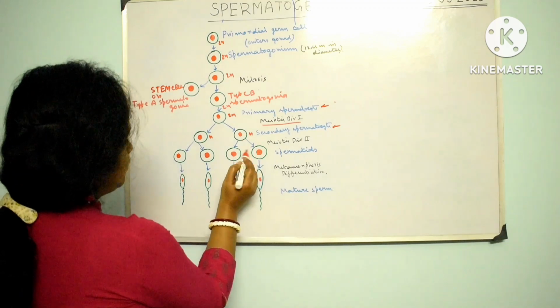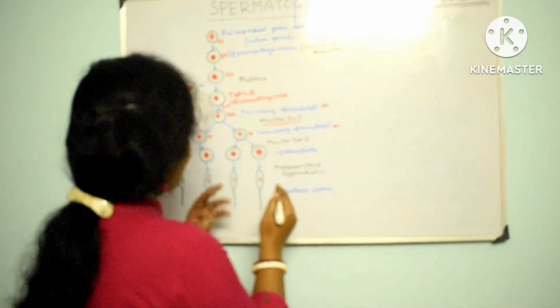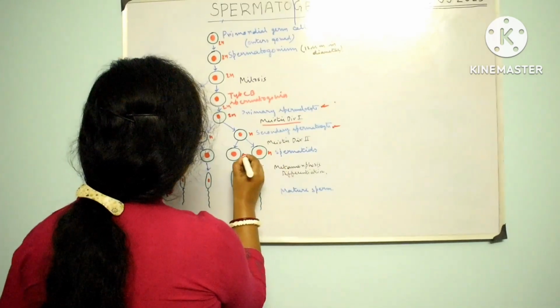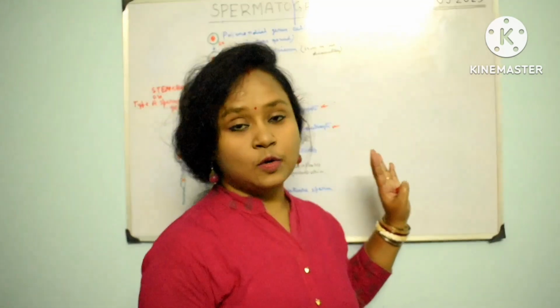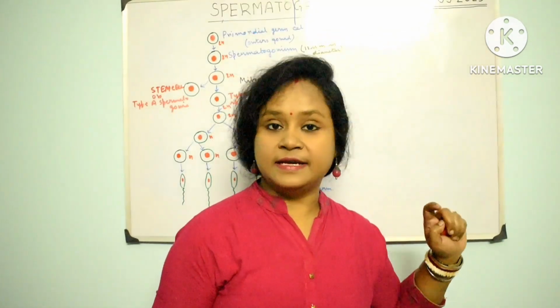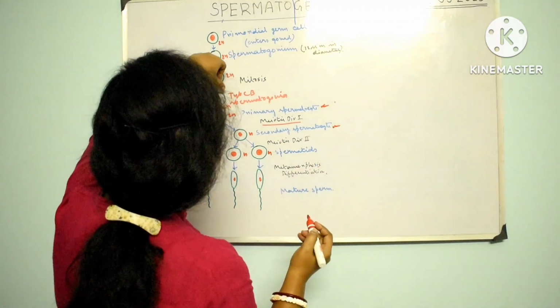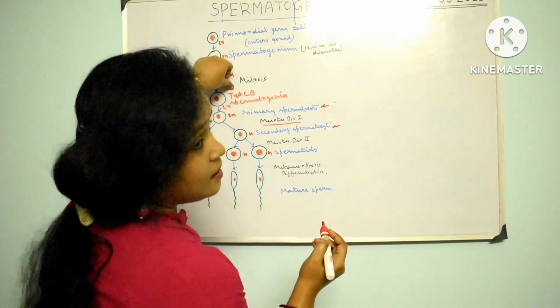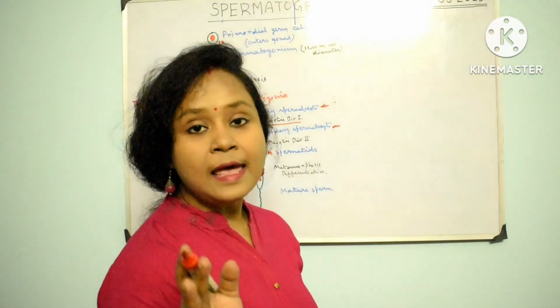The single cell produces 2 daughter cells, now known as spermatids. Here also it is n, and the total chromosome number is 23. From each type B spermatogonium, 4 spermatids are generated.